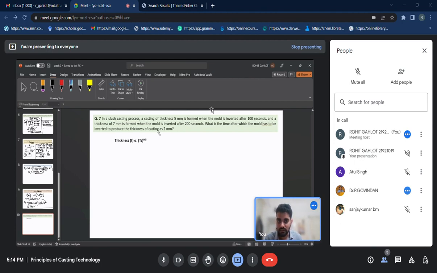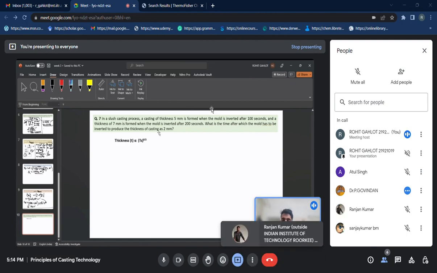Then calculate these two constants C1 and C2, and then calculate the solidification time for the 2 mm thickness casting. Please try this, then we will discuss this more.